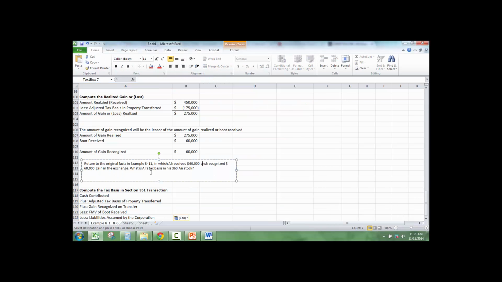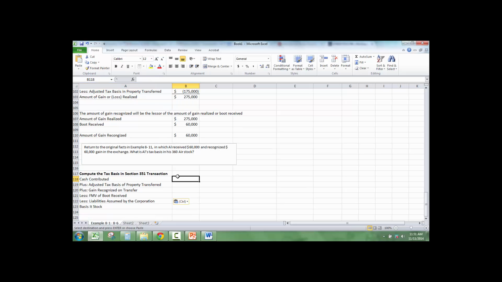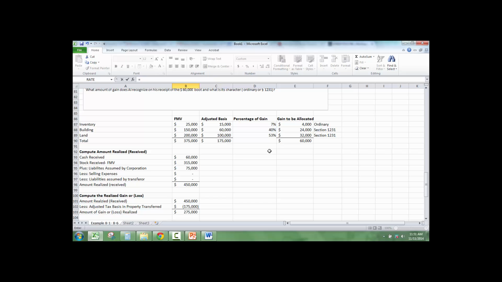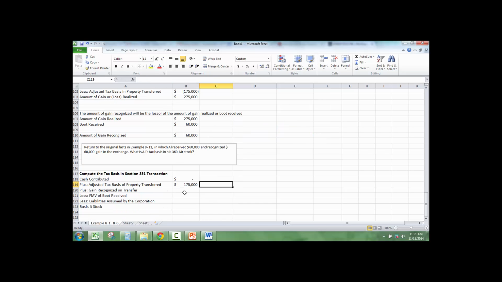So now let's assume in this example that Al received the $60,000 and recognizes the gain on the exchange. What would be Al's tax basis in the stock? So cash contributed was none. Adjusted tax basis of the property was $175,000.